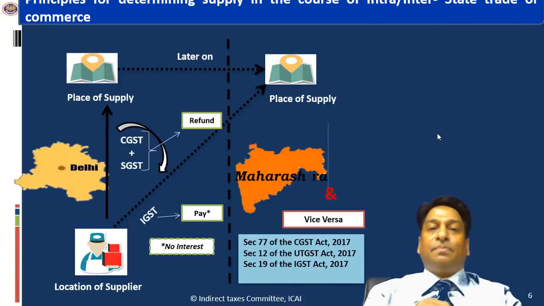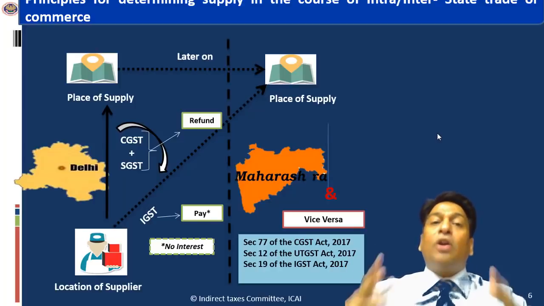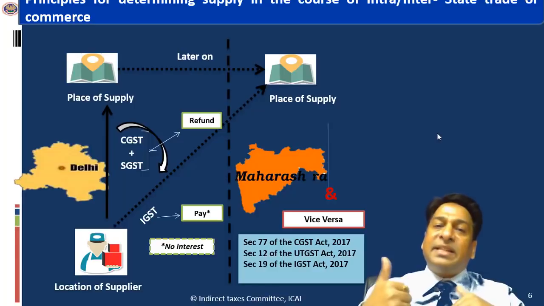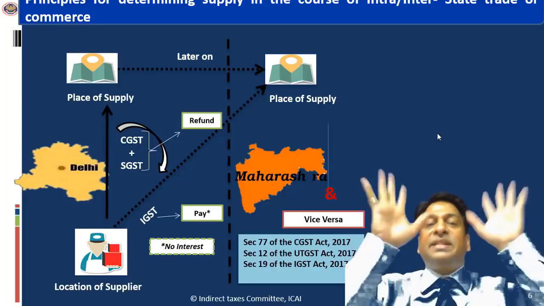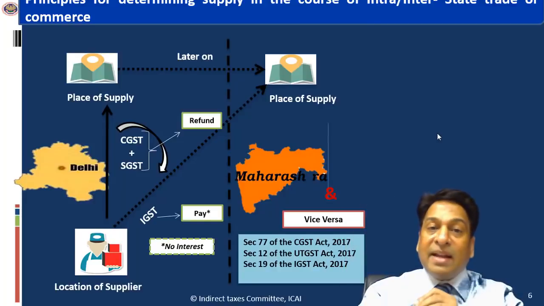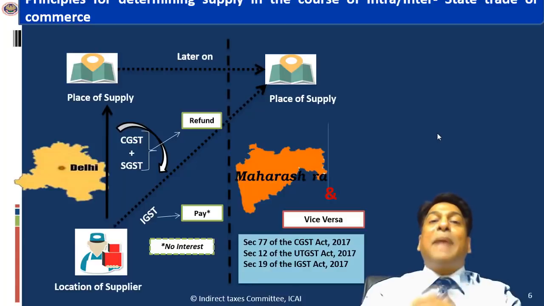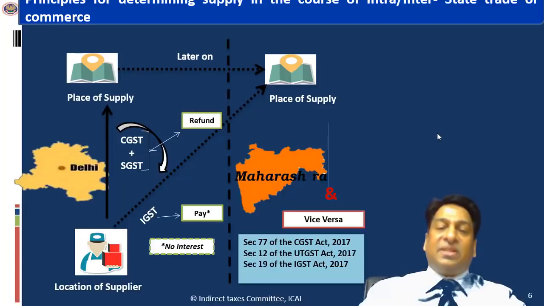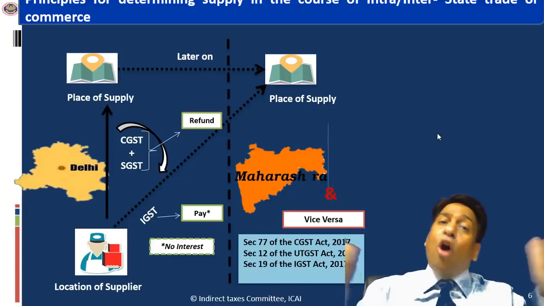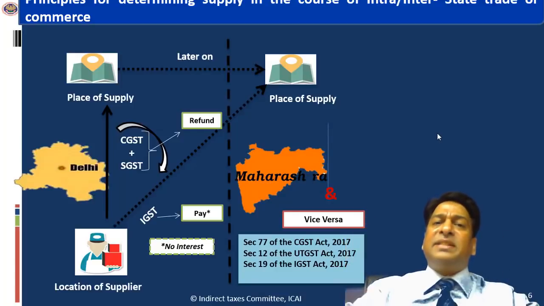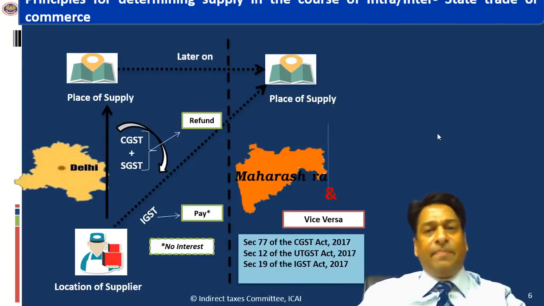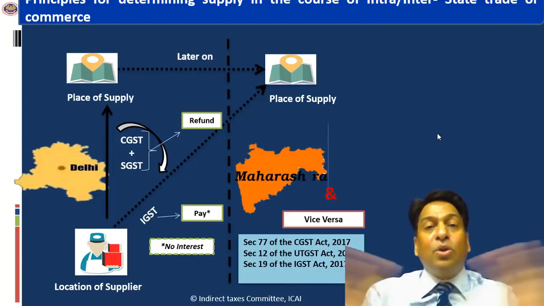Now the question will come: initially, on wrong analysis or interpretation, I've charged CGST and Delhi SGST, which should have been IGST. Can I, being the supplier, adjust payment of IGST against the wrongly charged and paid CGST and SGST? Answer is a big no.